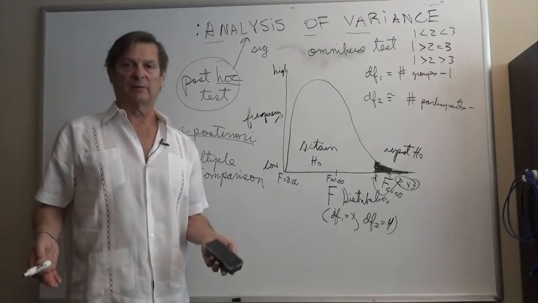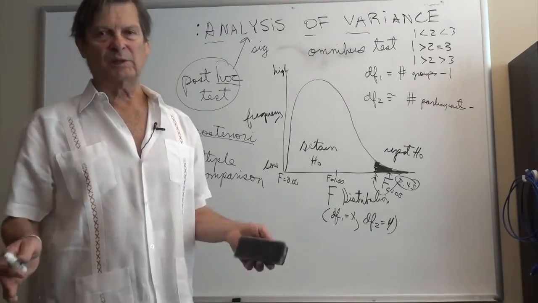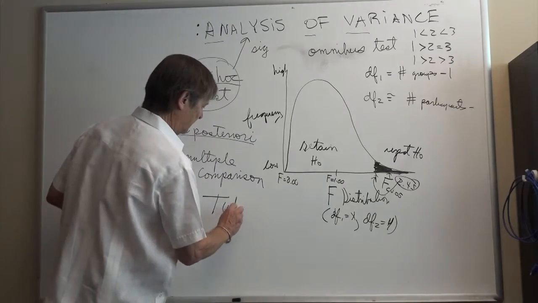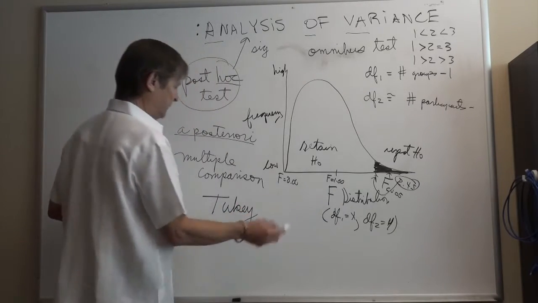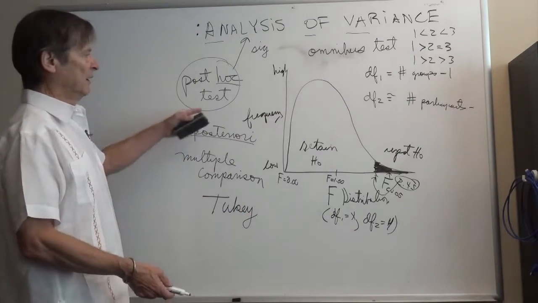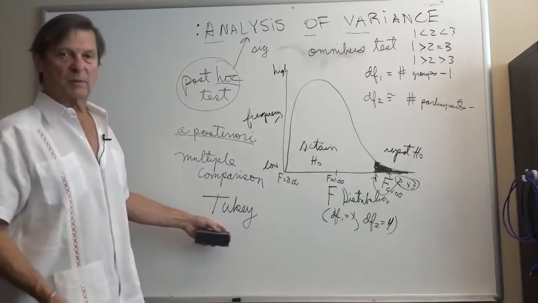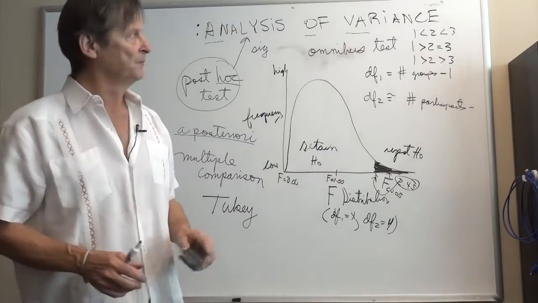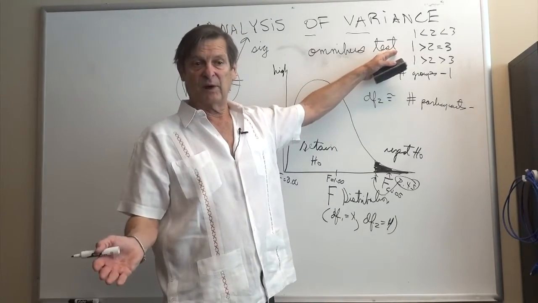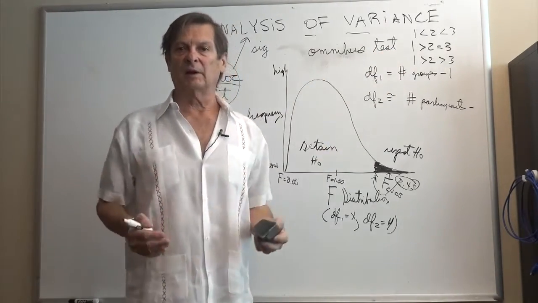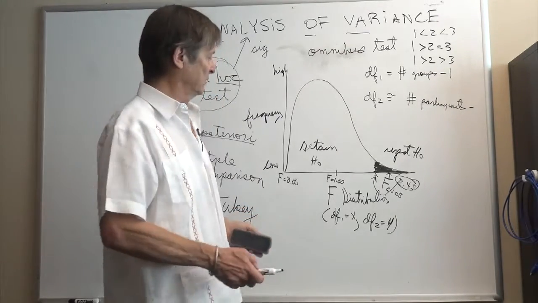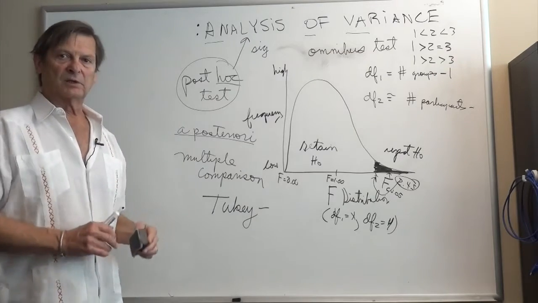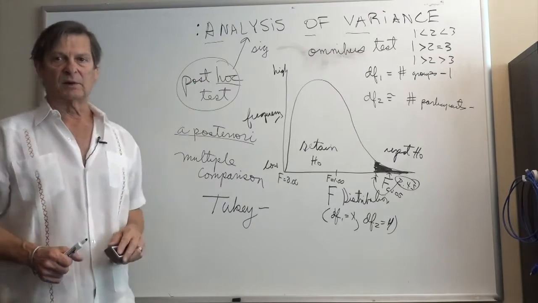And the one that I use the most, which is the most popular, is Tukey's test. John Tukey, American statistician, created a test for after ANOVA, and the nice thing about Tukey's test is it's a nice balance between liberalism and conservatism. If there are mean differences, it usually finds them, but it doesn't find a lot of chance differences and call them significant. So that's the nice thing about Tukey's: a nice balance between being liberal and conservative after your analysis of variance.